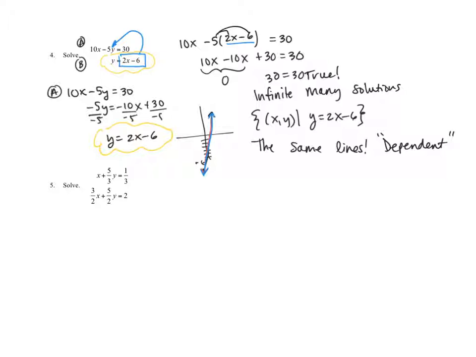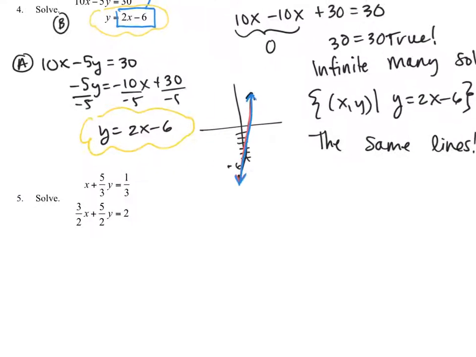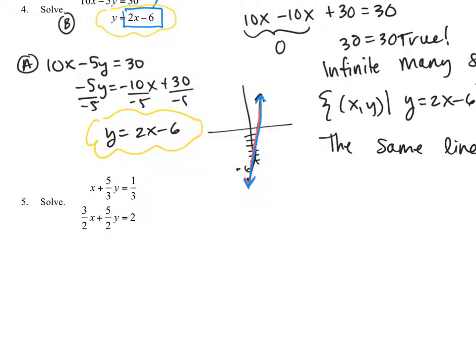All right, I'm going to do one more example. Here we go. Let's see. I'm going to kind of fix this a little bit. I'm going to multiply this one by 3 and then this one by 2. I'm just going to clear fractions. So this would become 3x plus 5y equals 1.